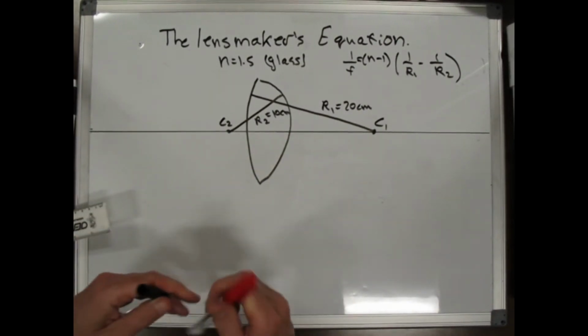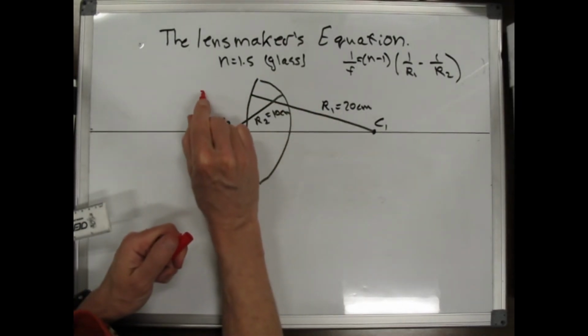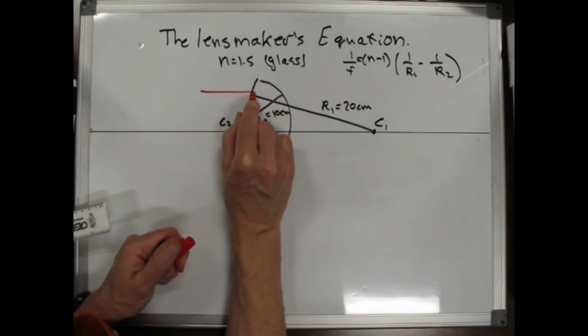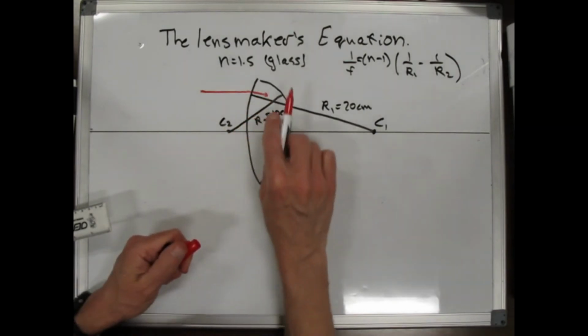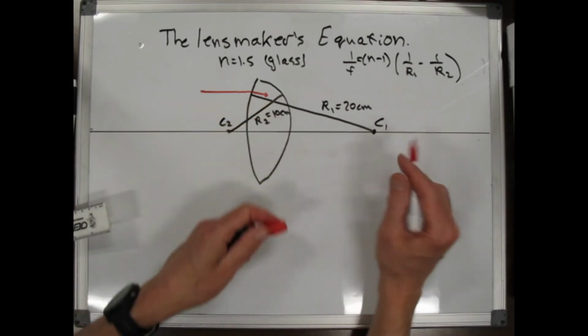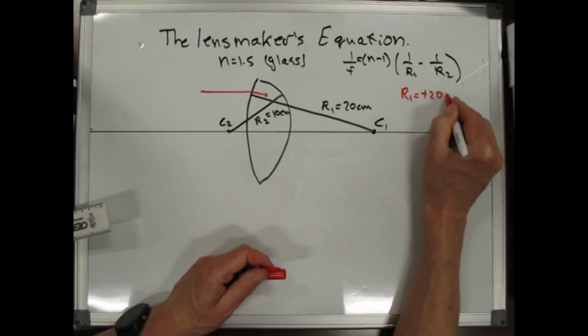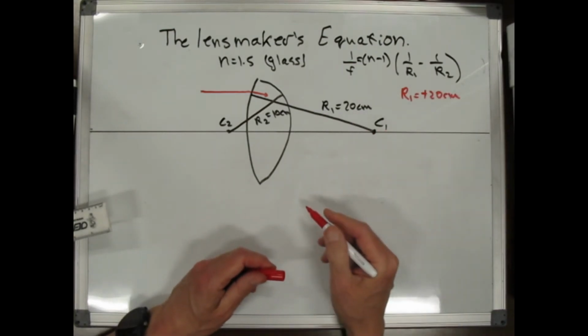And again, this is my surface here. So here's an incoming ray to surface 1, and there's an outgoing ray. The outgoing ray is on the same side of this surface as the center of curvature. And so I can just write R1 is equal to plus 20 centimeters, or just 20 centimeters.